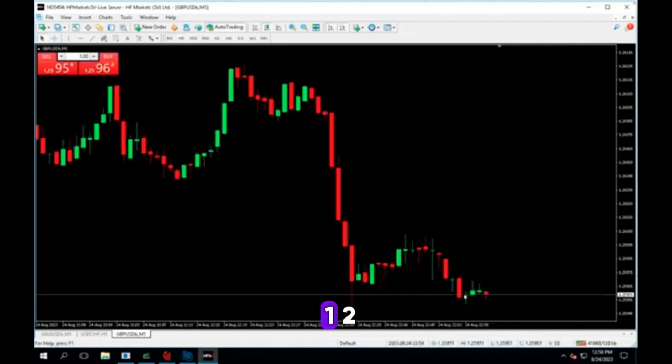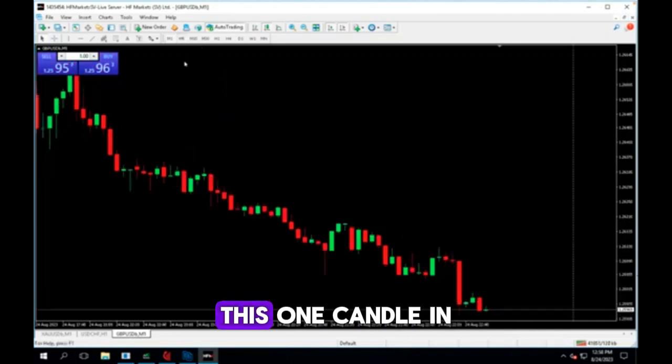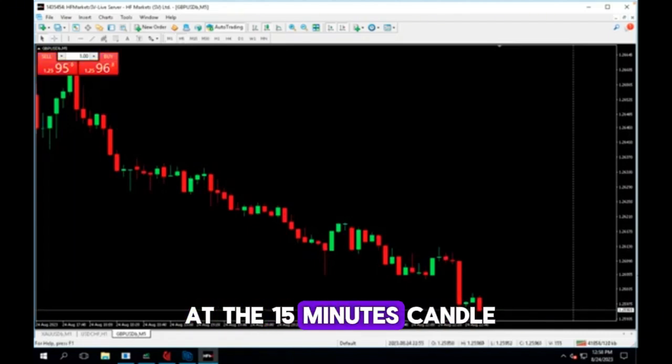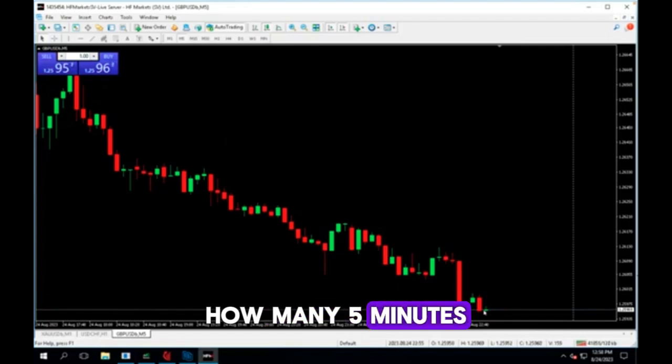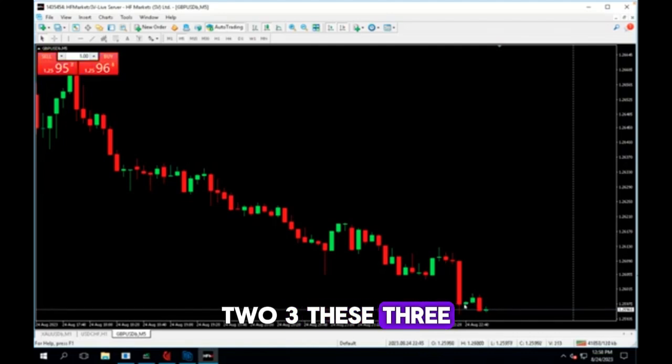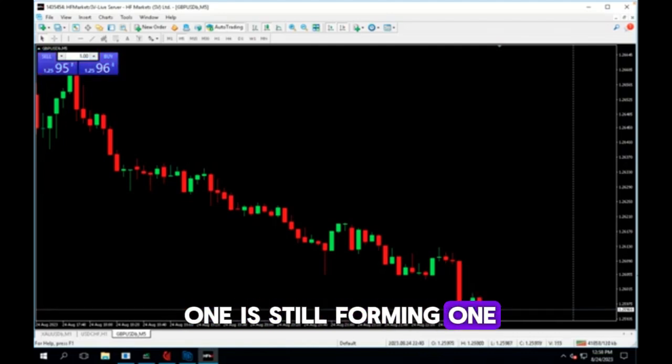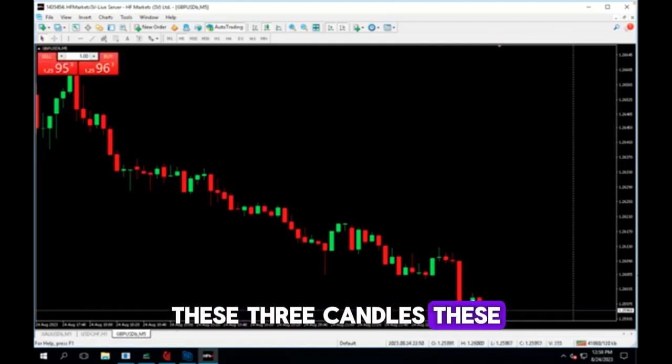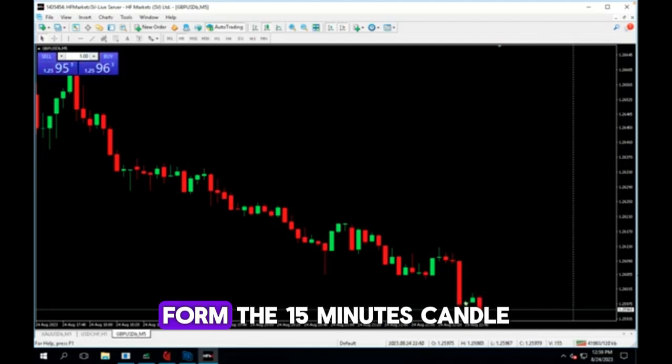If I take 1, 2, 3, 4, 5, these 5 candles form this one candle in the 5 minute region. If I'm looking at the 15 minute candle, how many 5 minute candles can I find in 15 minutes? About 3. These 3 five minute candles form the 15 minute candle.